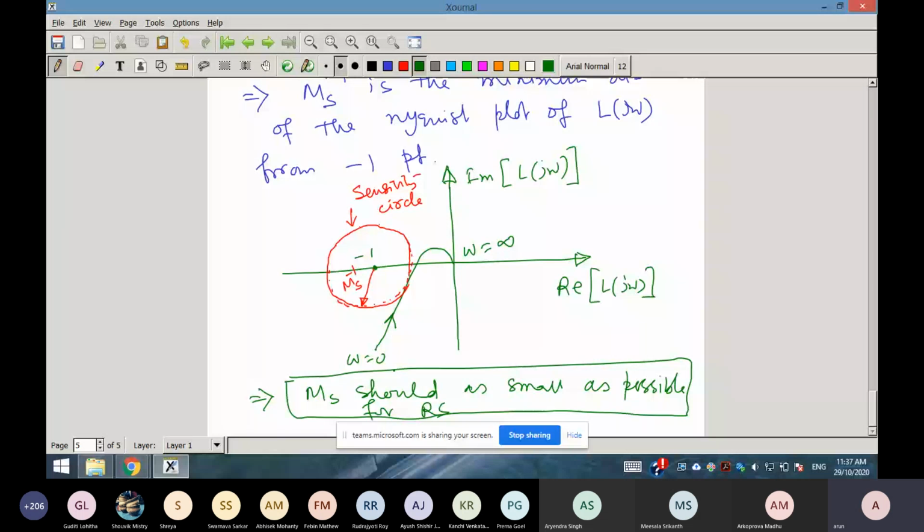Okay, so now the question is whether you can always make Ms small, or whether there is some limit. Is it possible to always make Ms small? That we will try to visualize.